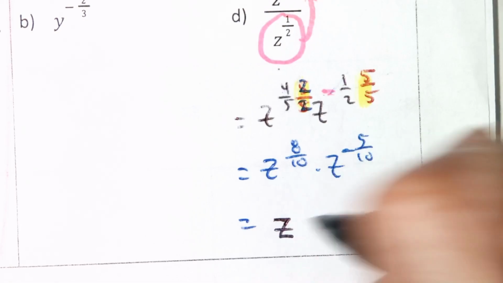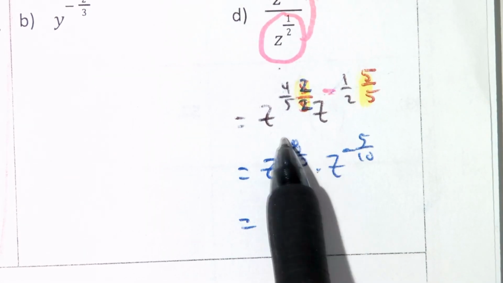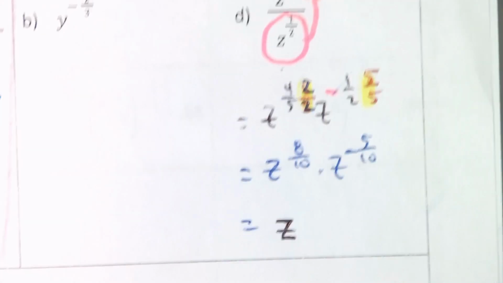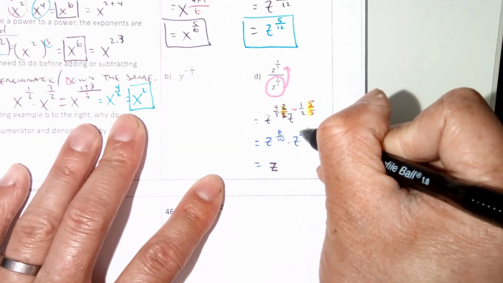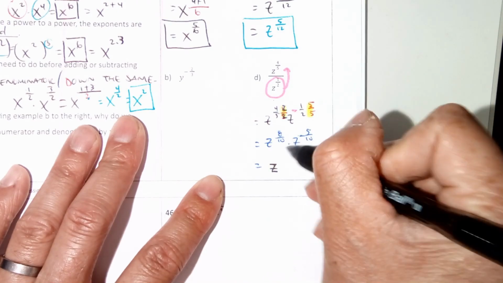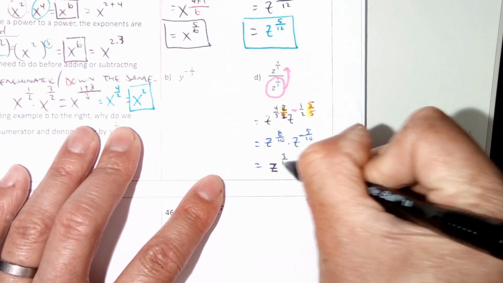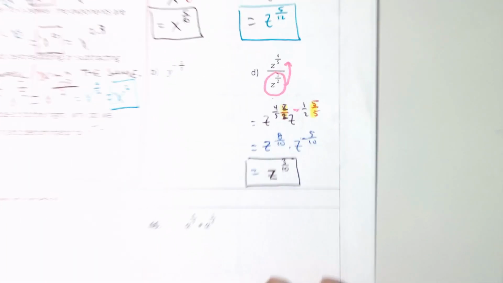So now I'm going to add those. Or if you look back, we are multiplying, so we're just going to add those. So that'll become 8 minus 5, which gives you z to the 3/10.